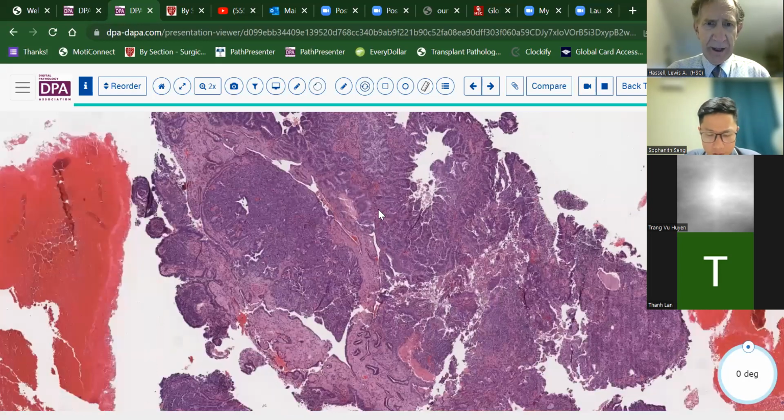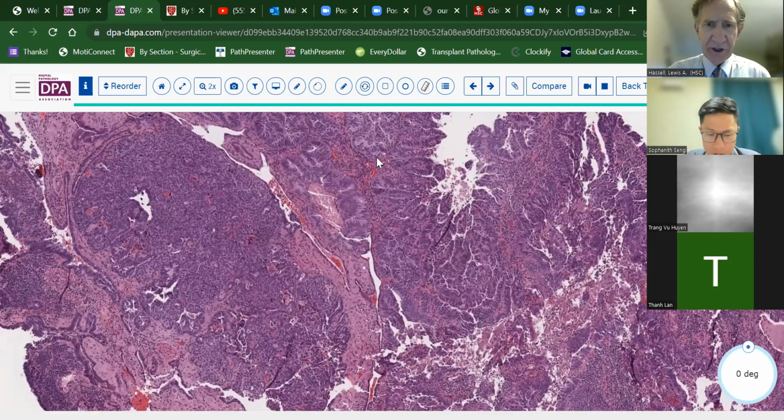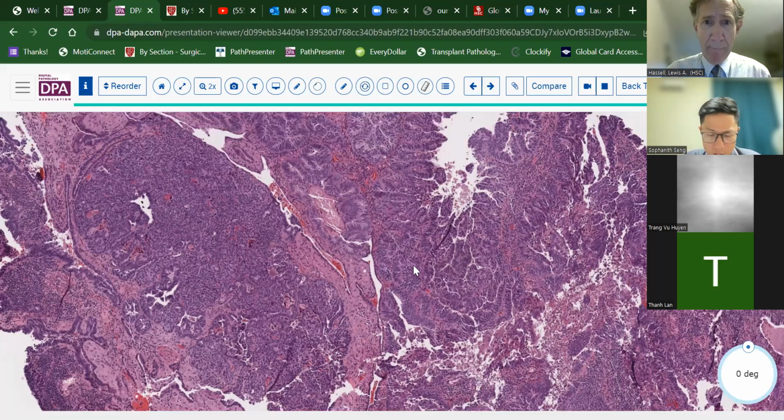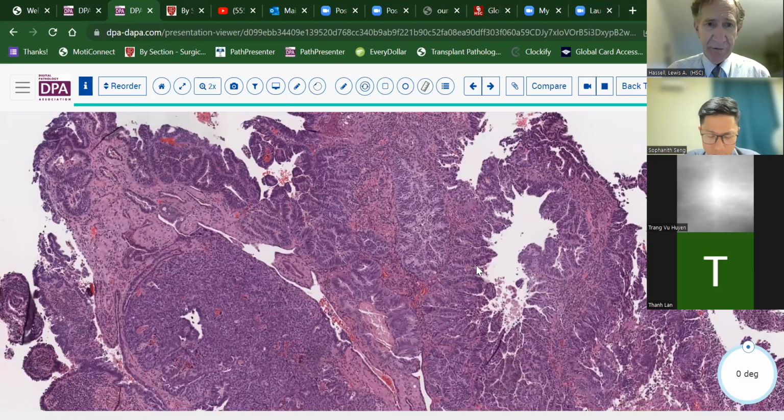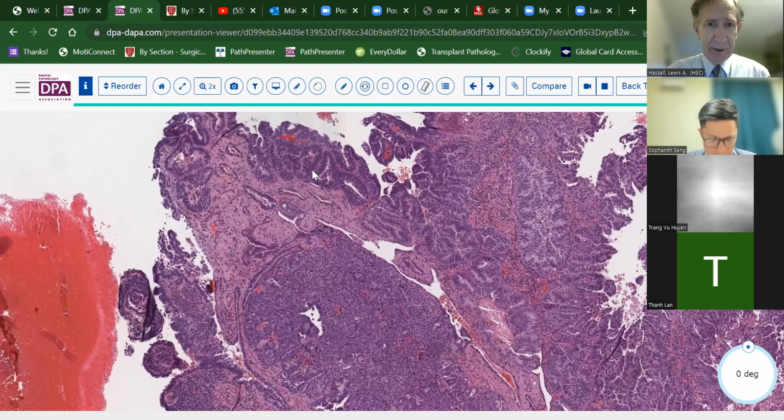In general, endometrioid lesions tend to have rounded glands and have more open spaces as low-grade tumors. But as they become higher grade, the glands are collapsed, there's more solid tissue. And so it can be difficult to distinguish the difference.